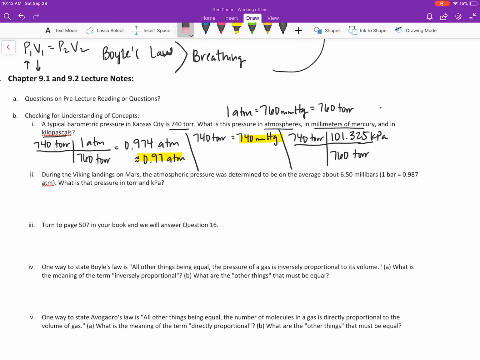Sorry, let me do this the right way. 101,325 pascals is equal to 101.325 kilopascals. Okay, so I kind of cut corners there a little bit. So if I solve this out, I'm going to get 99 kilopascals. So just shy of 101.